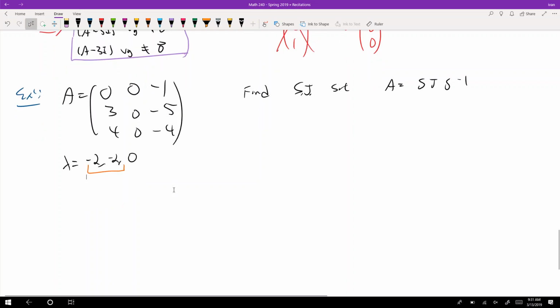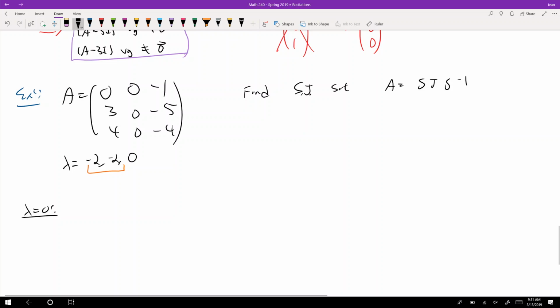Because we have lambda equals 0, and we know that it's not going to give us any trouble, we're going to start off looking at lambda equals 0 first. What is lambda equals 0? It's A minus 0I, so it's just A. We look at A and try to find an eigenvector, and we come up with 0, 1, 0.